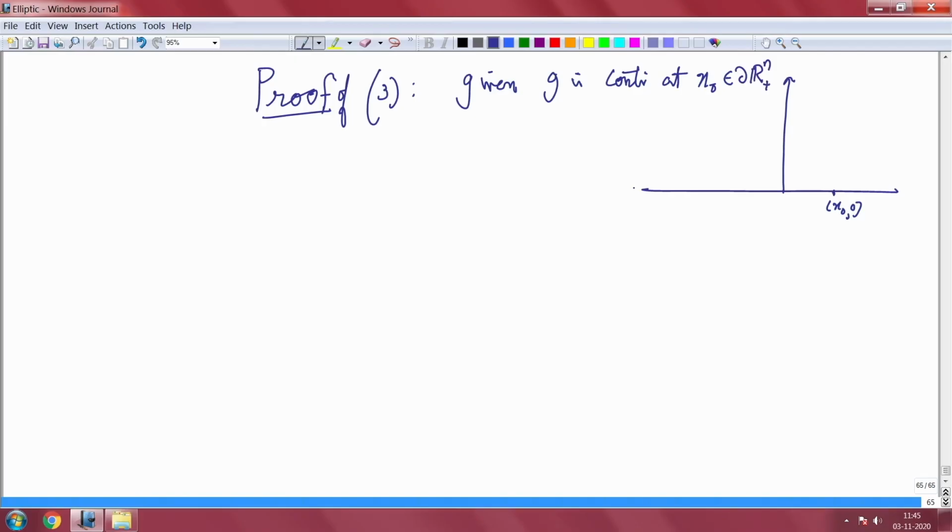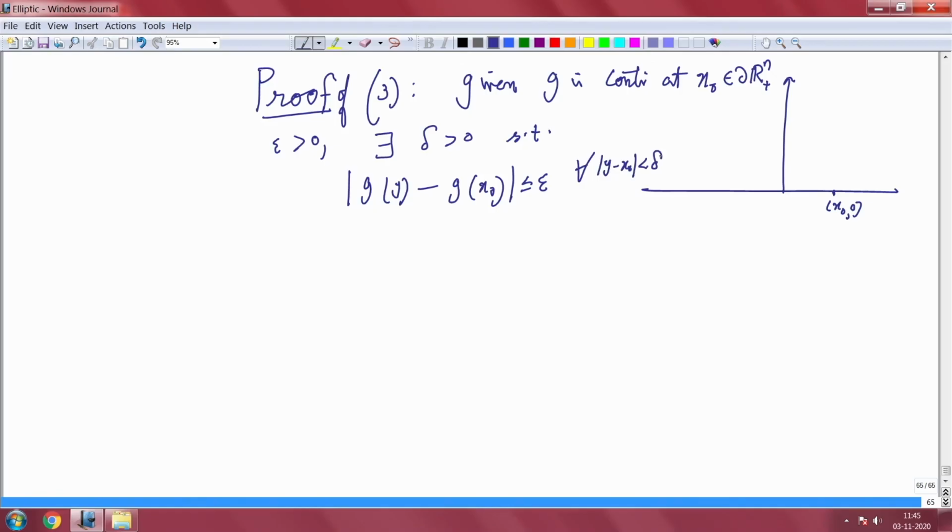Now, look at the point. So, first g is continuous. So, you have x naught here. So, given epsilon positive, you can immediately see that there exists delta positive such that modulus of g y minus g x naught is less than or equal to epsilon for all mod y minus x naught less than delta.